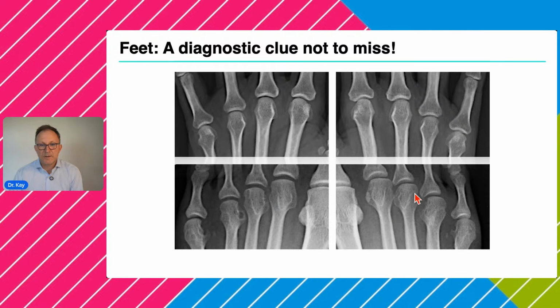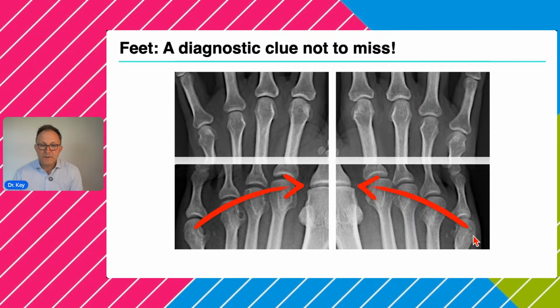But here we already see some small cystic changes, and maybe, if you could enlarge it, even some subtle irregularity of the cortex. And here there are larger erosions. Also in this example, there's bone that is missing. If you compare to this second MTP joint, this piece of bone is not here. These are the subtle changes that we want to discuss today.